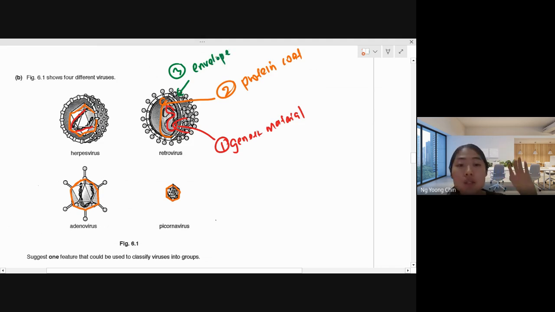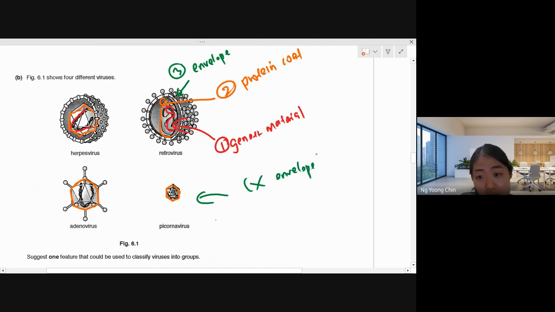But not all viruses have envelope. You can see these 2 viruses, they do not have envelope, yeah? But they have genetic material inside and also the protein coat. Just they don't have the envelope.